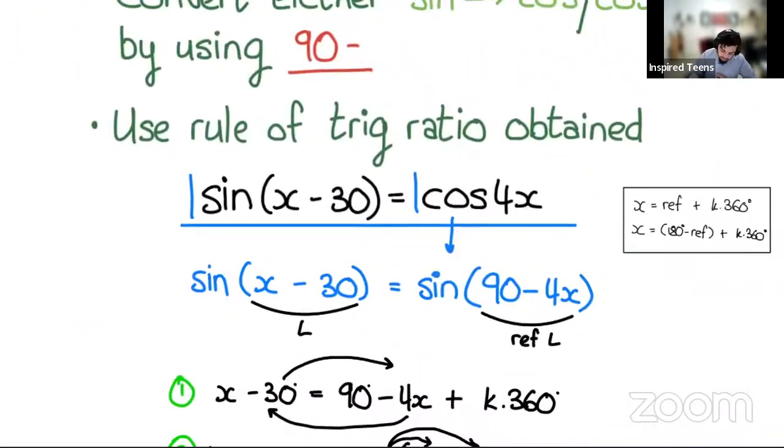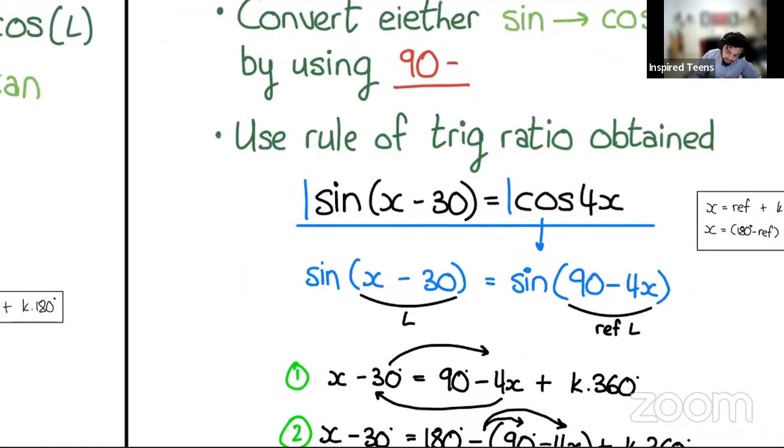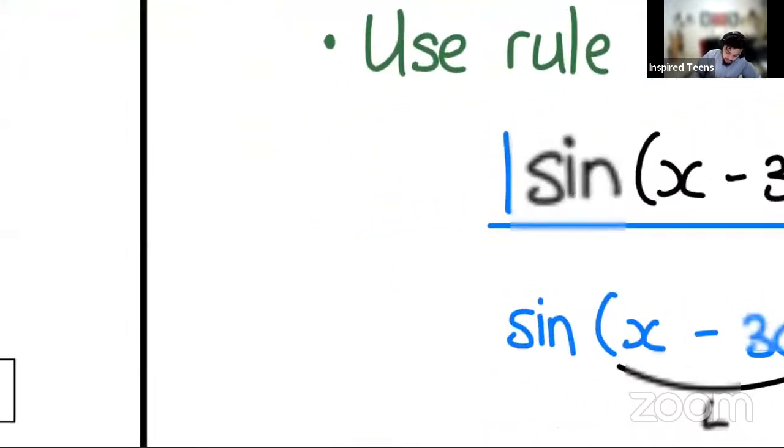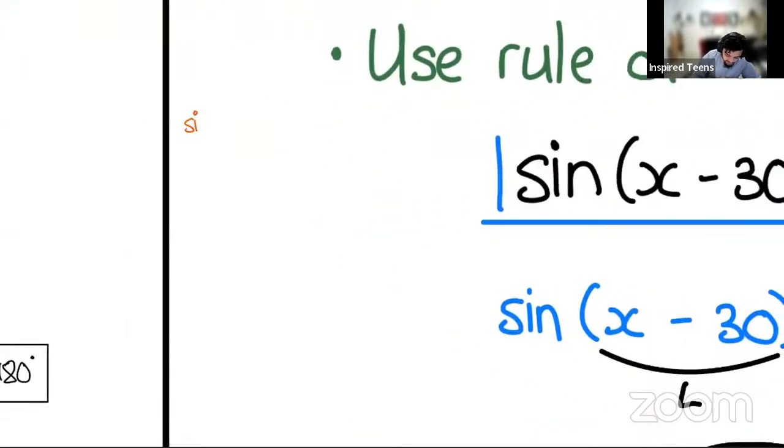Let's just do the example. If we had to, instead of changing this cos to a sine, change this sine to a cos. I'll show you the first few steps. So we have sine of x minus 30 is equal to cos 4x. The rule is to go straight from sine to cos, and then say 90 minus your angle. Please use brackets.